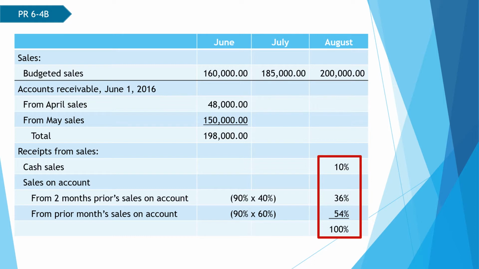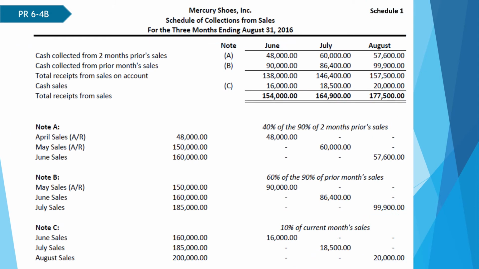So, for the sales in a particular month, 10% will be collected in cash, 54% will be collected on the next month, and the remaining 36% will be collected 2 months after. Let us now create a schedule on collections from sale for the 3 months ending August 31, 2016.